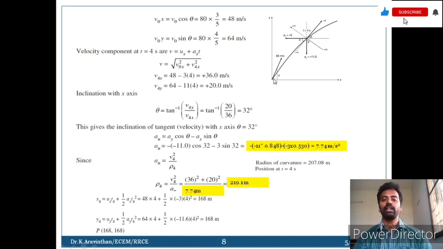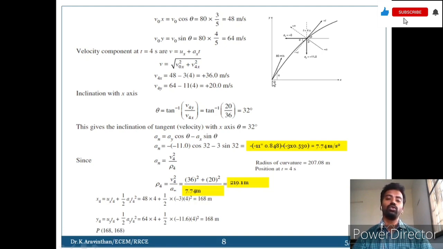So after getting the x distance of 168 and the y distance of 168, you can locate the point P as 168, 168. This is the point of the object after 4 seconds.